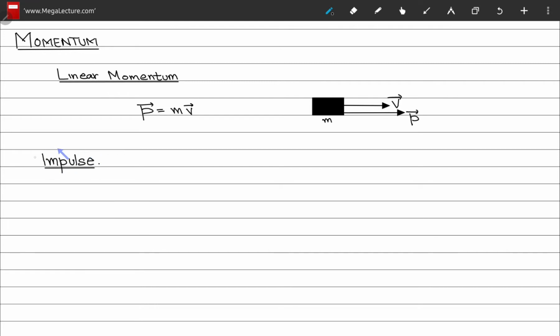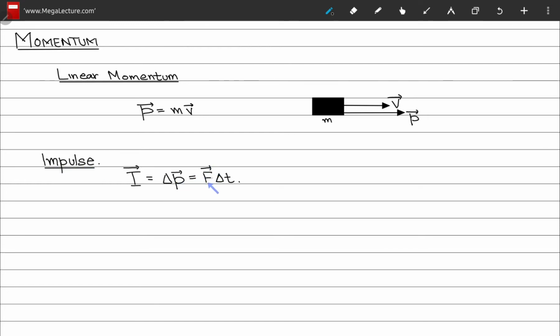Next, we have something called impulse. The vector impulse is simply defined as the change in linear momentum. Something that causes a change in linear momentum is known as impulse.